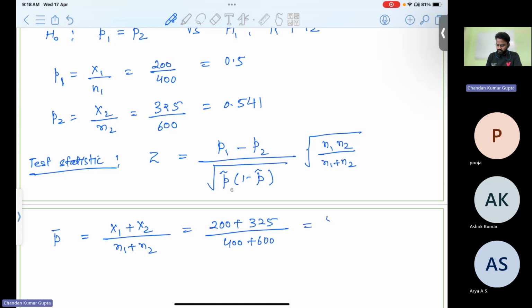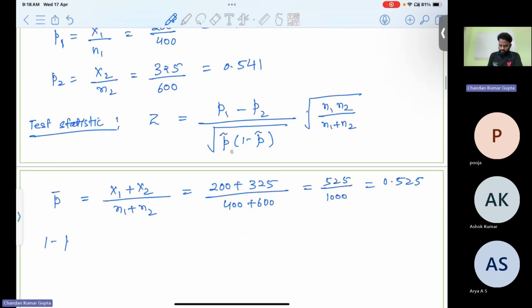So it is 525 upon 1000, which comes out to be 0.525. And 1 minus p is 1 minus 0.525, which comes out to be 0.475.